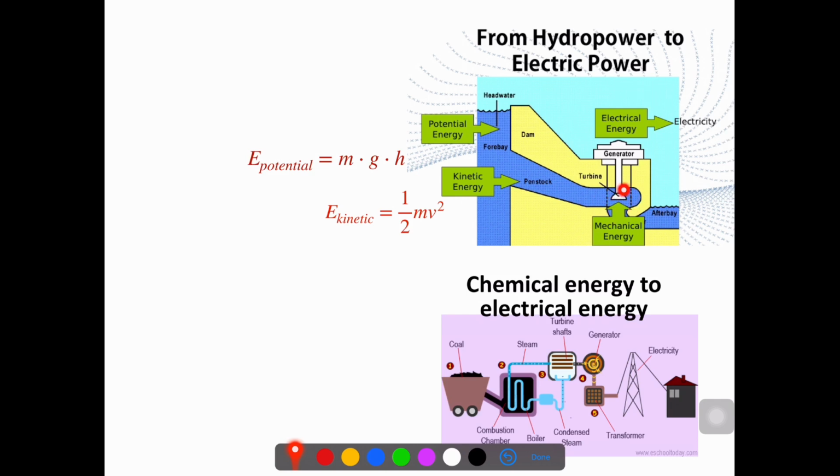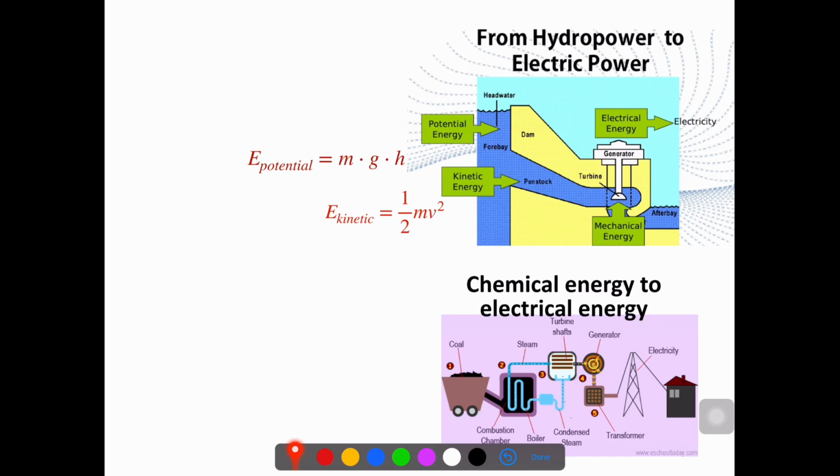Rotating turbines is equivalent to doing some work. So you have extracted mechanical energy out of the kinetic energy when the water moves the turbines. And finally, the turbines, since they are connected to magnetic shafts, create a rotating magnetic field, which creates an electric field. So that's how you have converted mechanical energy to electrical energy in a power station.